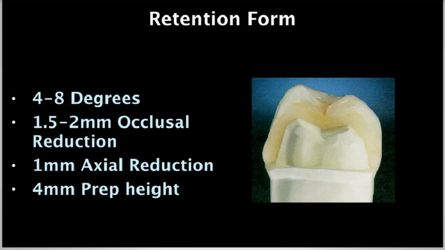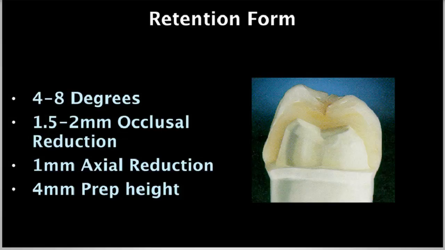We'd also like to have properties that support cementation, so material strength, with minimums of 1.5 to 2 millimeters of occlusal reduction for most of our materials, although zirconia is now an exception, and zirconia restorations at 0.5 millimeters occlusal reduction can be cemented, and then 1 millimeter of axial reduction, so we don't want thin materials on the axial walls.